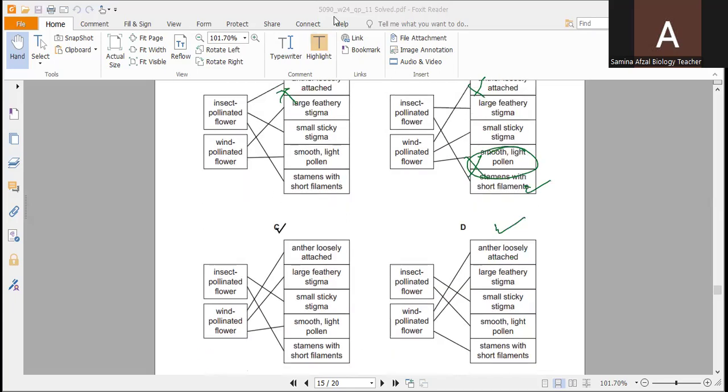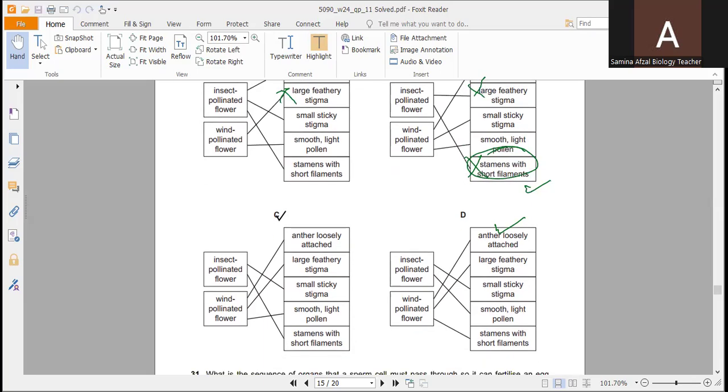Option C and D. First of all, we will move towards the option C. Anthers loosely attached for wind pollinated, correct. And then large feathery stigmas, this is correct for wind pollinated flower.